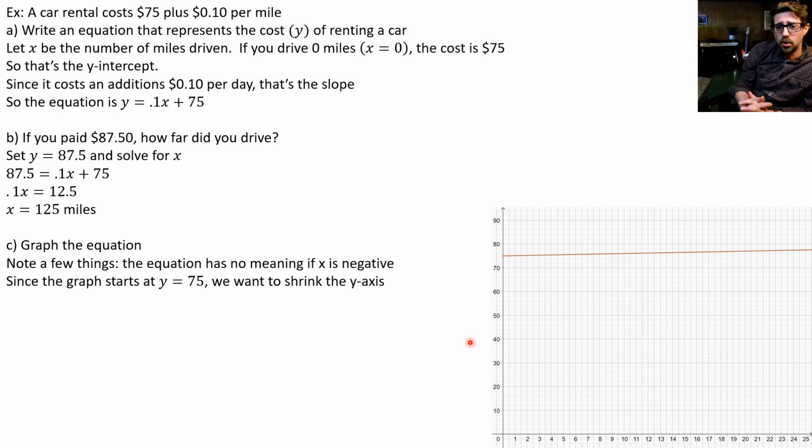Okay, and there's no line back here, and we don't even see the second quadrant, right? The first quadrant, remember quadrants? The first quadrant is the only one that makes any sense in this problem, so we don't even want to see the other ones. And a lot of the time that's the case. If you have something happening over time, especially if that something can't be negative, like a lot of real things can't, you're really only dealing with the first quadrant, so nothing else makes any sense to see.